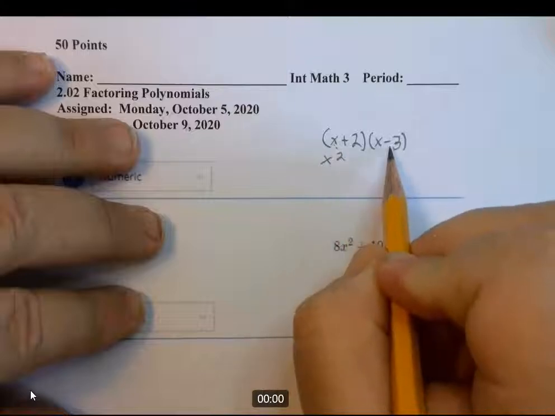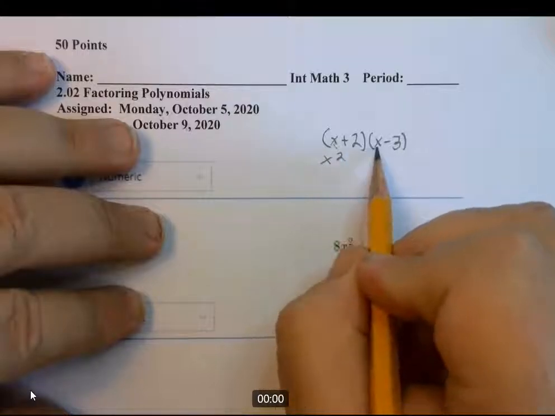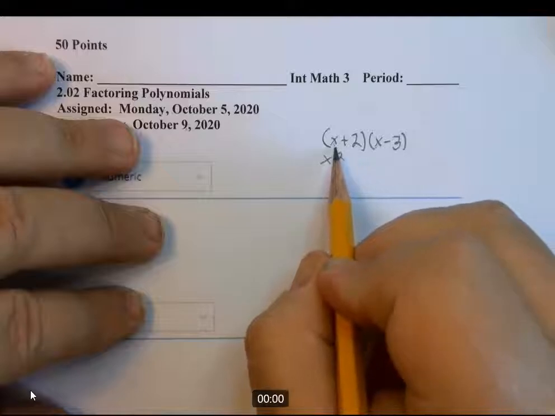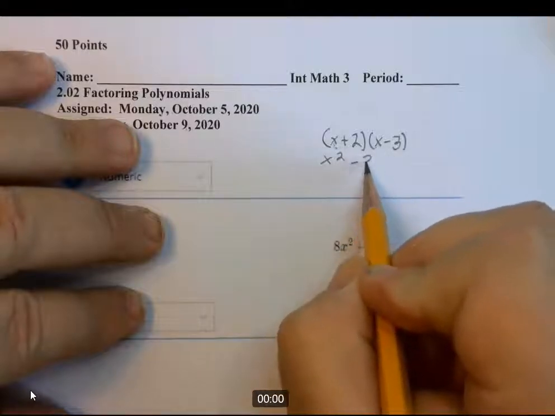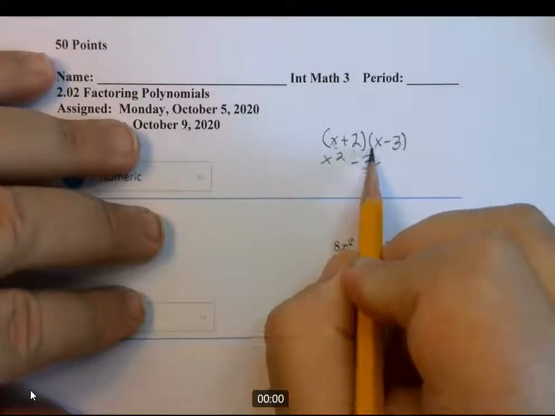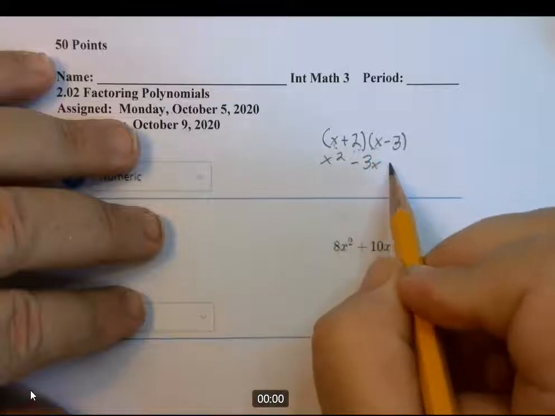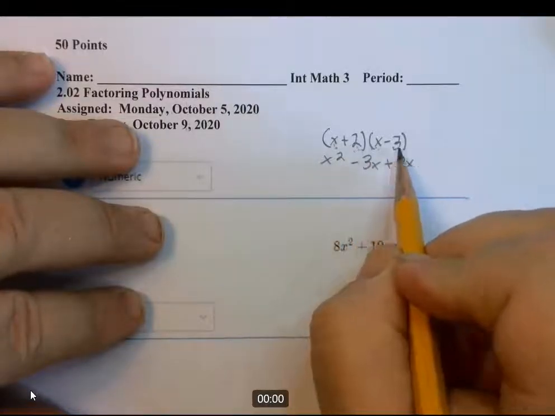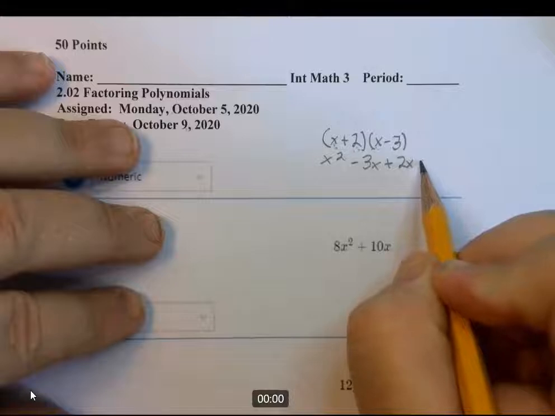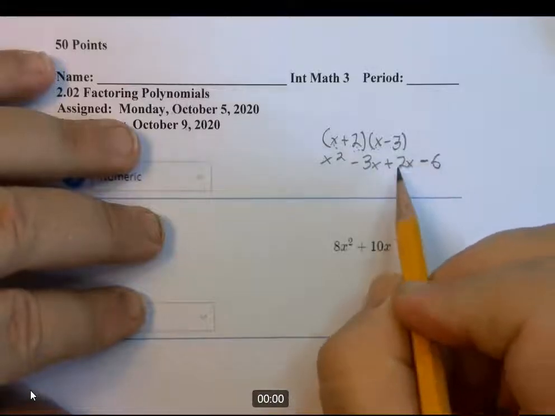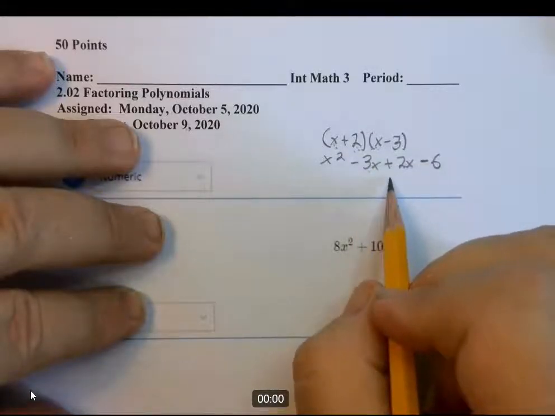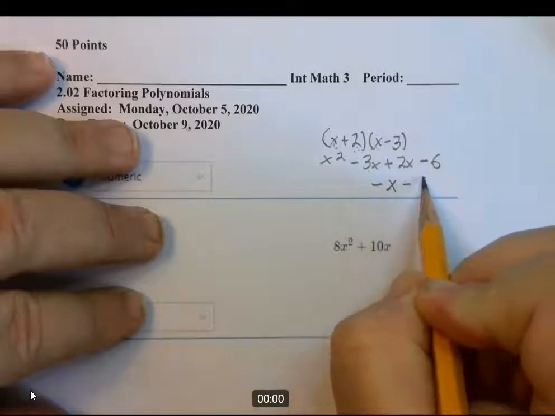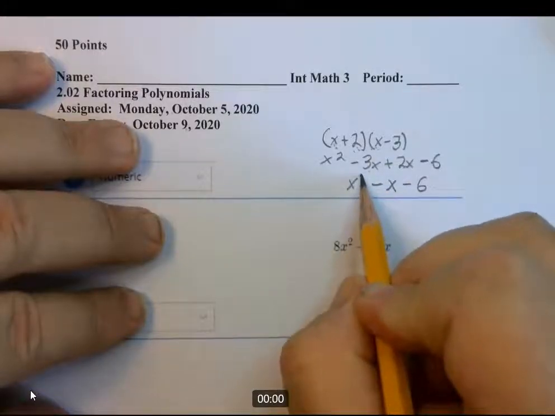X times negative 3, so it's first, then outer, which is negative 3x. Then it's the inner, the 2 and the x, so it's plus 2x. And then it's last, 2 and negative 3. That's FOIL. That's negative 6. The two terms in the middle always combine, so negative 3x plus 2x is negative x. And then you have the negative 6 there and the x squared there.